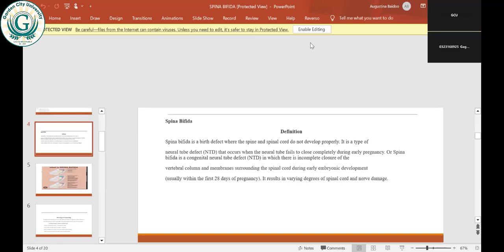This ridge eventually becomes the neural tube. The neural tube grows to become the spinal cord, the brain, as well as the tissues that protect them, known as the meninges. So spinal bifida occurs if a portion of this neural tube fails to close completely at the lower back.